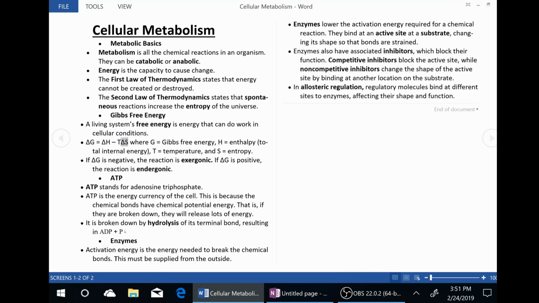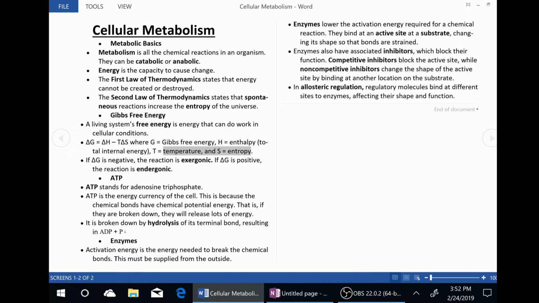Now, here's a formula that may be useful. This is delta G. Delta, as you may know, means change, so new minus old. So delta G equals delta H minus T times delta S. G is the Gibbs free energy, H is the enthalpy, which is the total internal energy, T is temperature, and S is entropy.